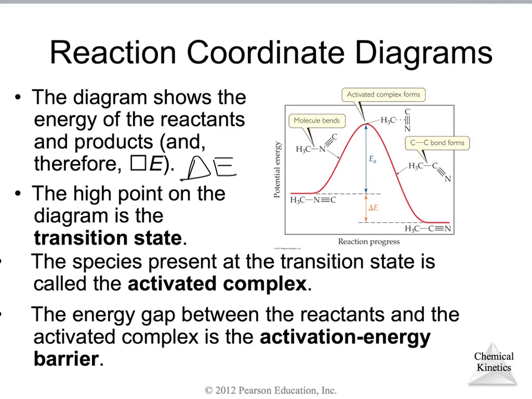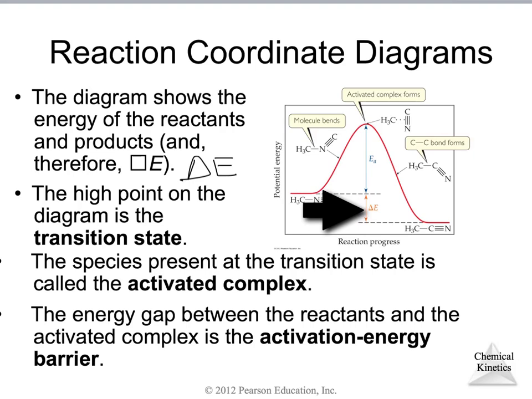We can see in the reaction coordinate diagram that we actually have two different types of energy shown in this figure. We have E sub A, which we know is activation energy. And then we have our delta E, which we just said is the energy of the reactants and the products.